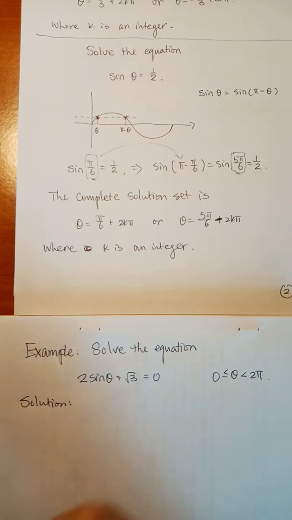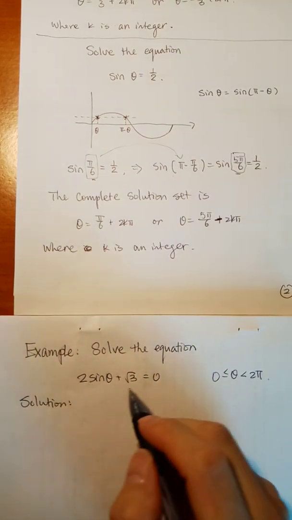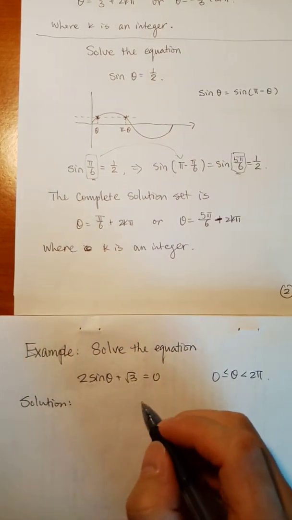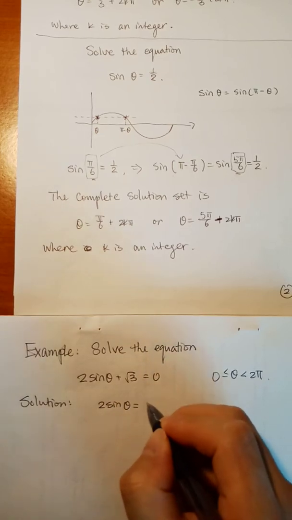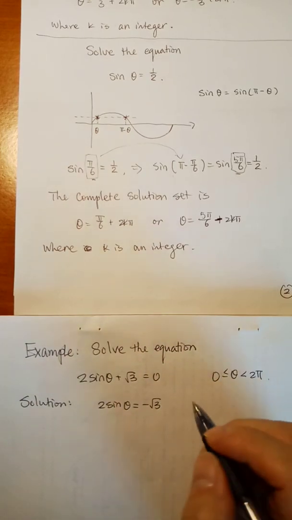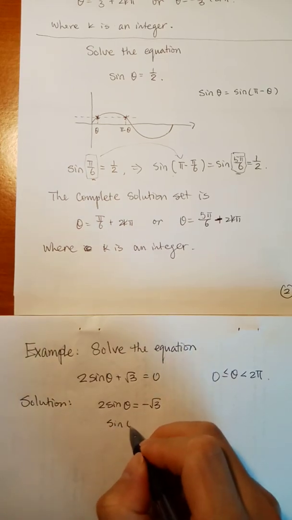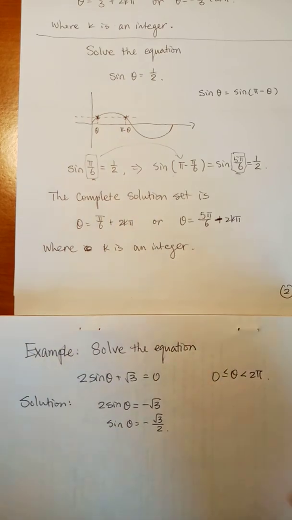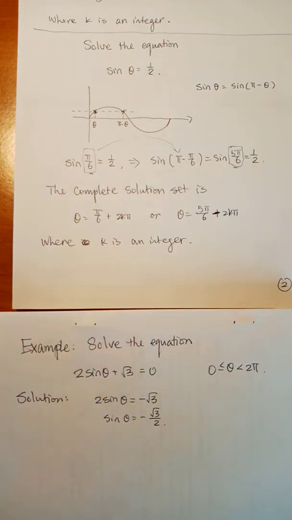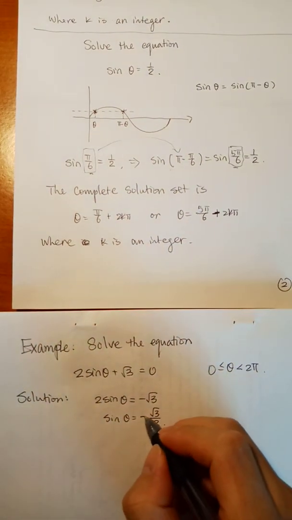Okay. So of course here we just do some algebra to simplify it. So we move square root of 3 to the right hand side as negative square root of 3, and divide the equation by the coefficient of sine theta. We get this. Here is the trick.